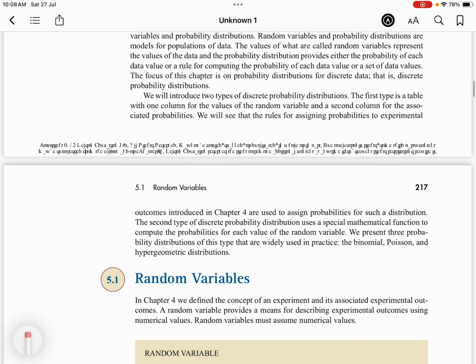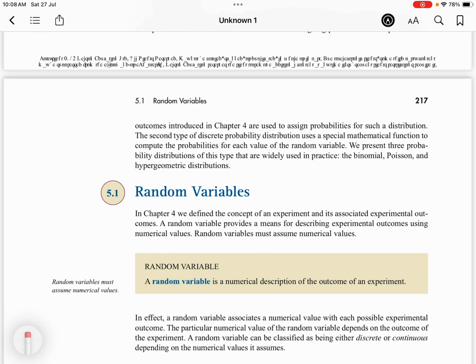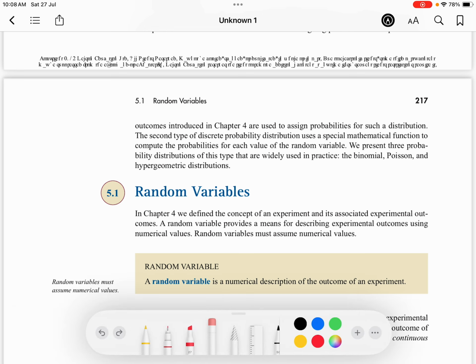Here we will begin with the definition of a random variable, which has the abbreviation RV. We define the concept of an experiment and its associated experimental outcomes.